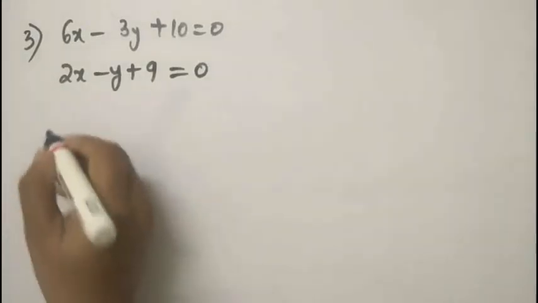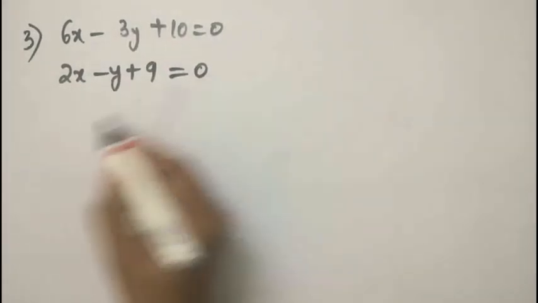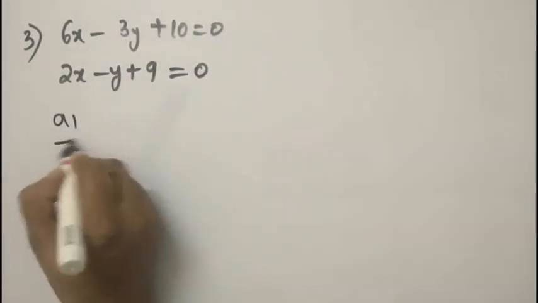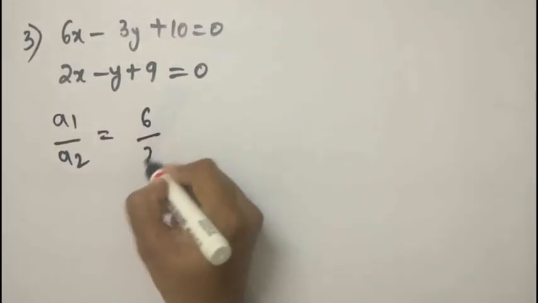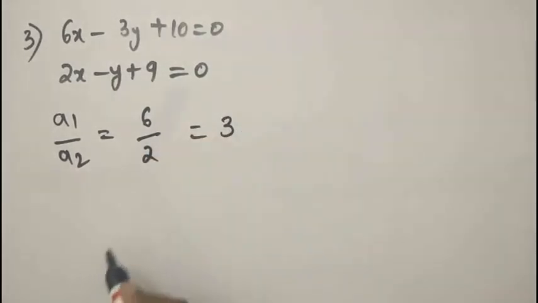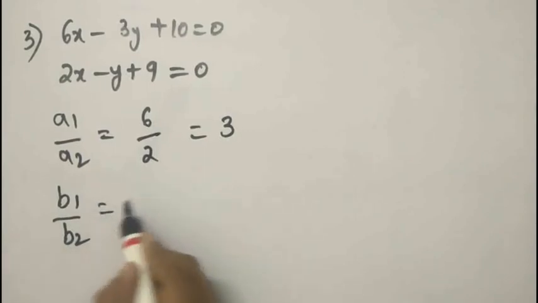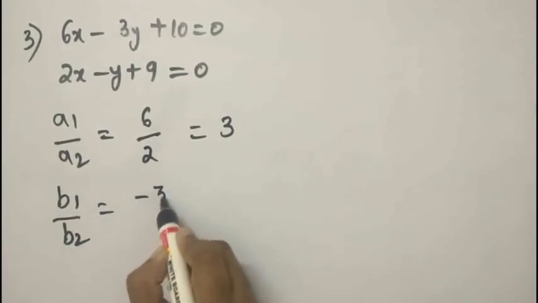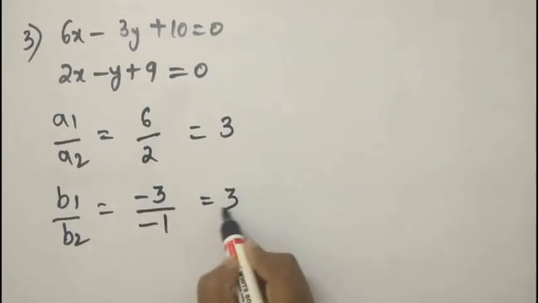Now find a1 by a2. Suppose these are the pair of equations they have given. First find a1 by a2. This becomes 6 by 2, which is equal to 2 ones and 2 threes, so it is 3. Now find b1 by b2. In place of b1 it is minus 3, in place of b2 it is minus 1, so you will get 3.